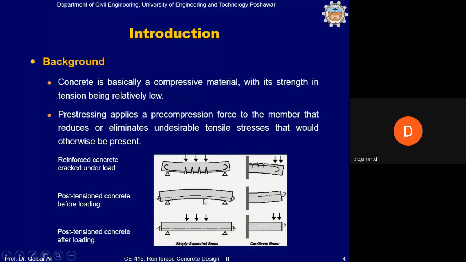It is quite possible to design the beam in such a manner. In other words, this pre-compression force can be designed such that the tensile stresses produced by the load can be equal to the pre-compressive force. So the pre-compressive force which was present before the application of the load will be cancelled out, with the result that there will be no tensile stresses produced in the lower part of the beam.